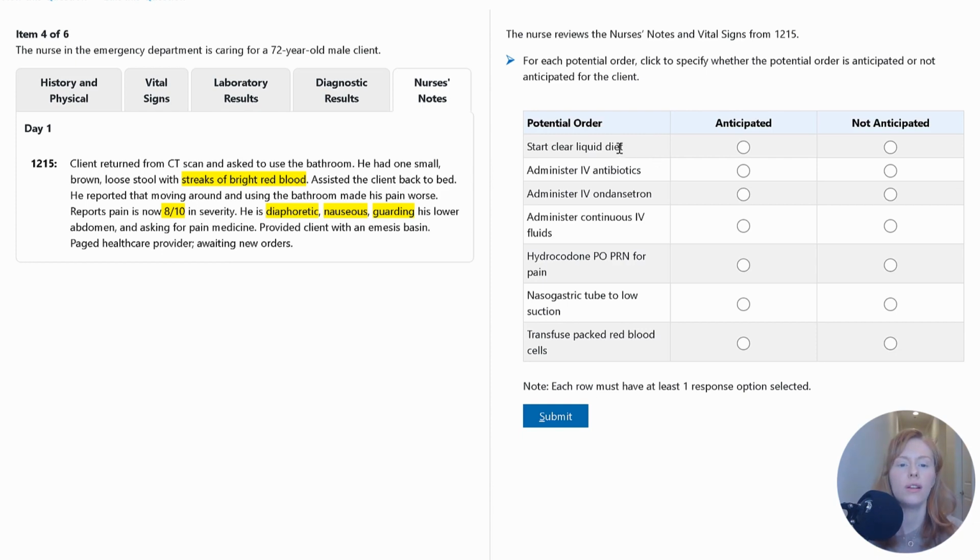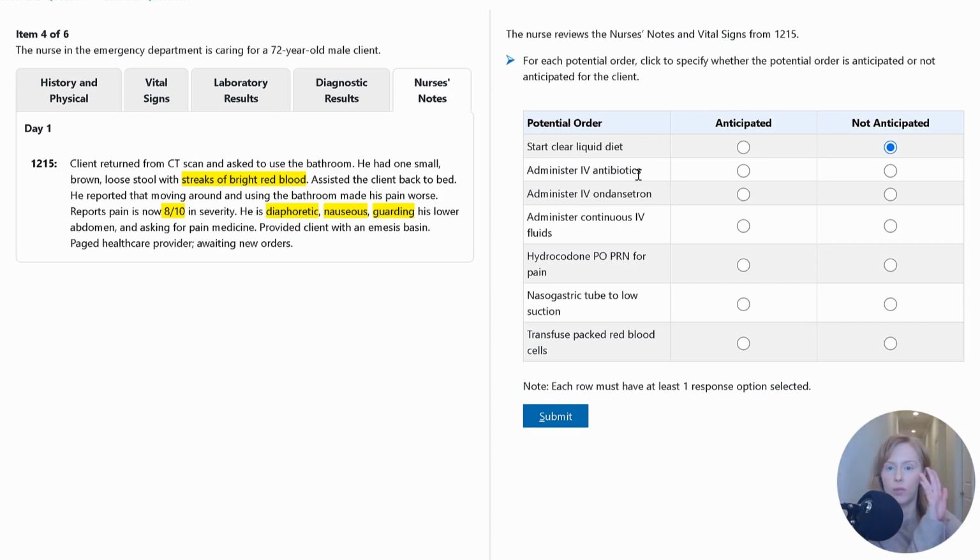So although a clear liquid diet would be appropriate for someone who does have a GI issue, this guy, I'm not putting anything in his mouth. He's so nauseous he's about to vomit, and he's on now hour 4 of vomiting. He's going to get dehydrated. So I'm not going to start a clear liquid diet. I'm going to keep him NPO. This is not anticipated.